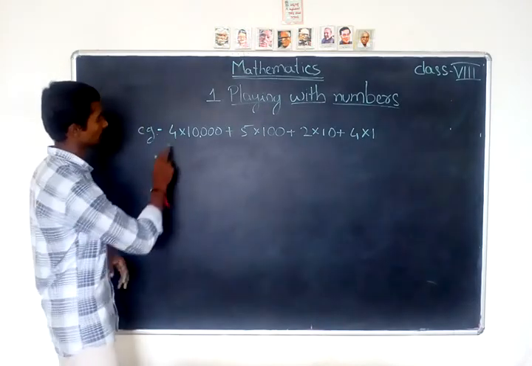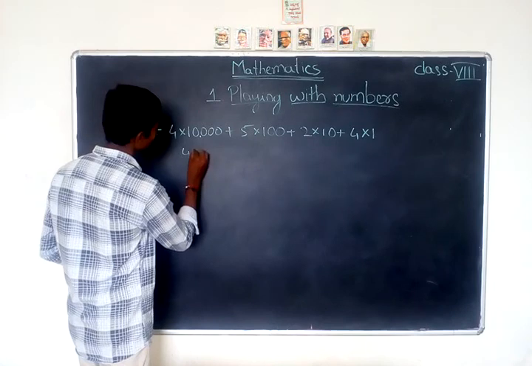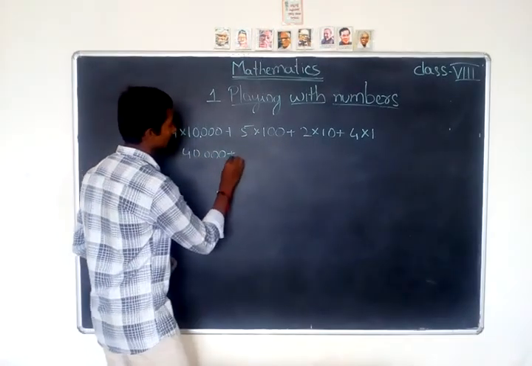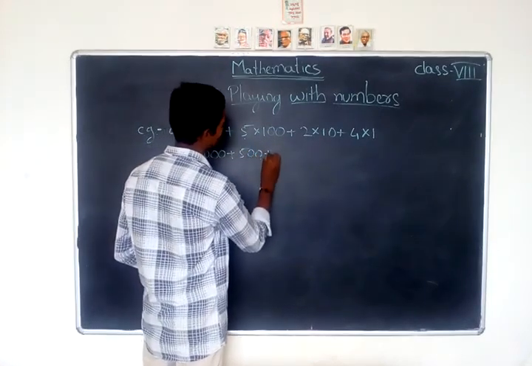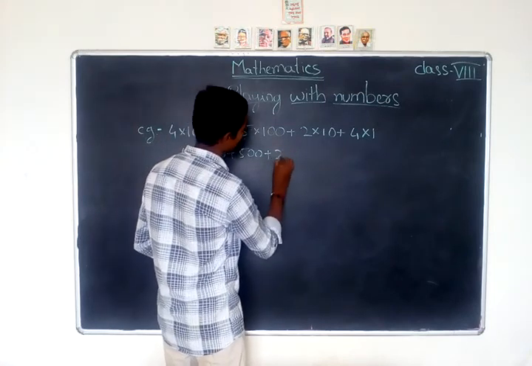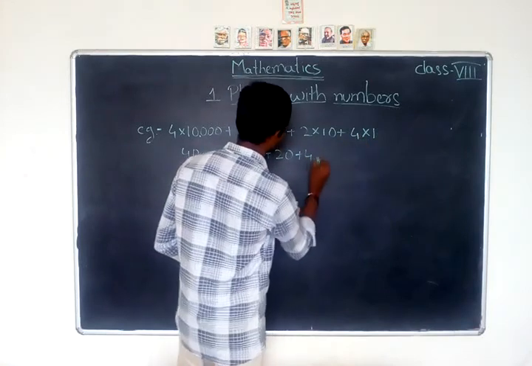How to write it? Now 4 into 10,000 is 40,000, plus 5 into 100 is 500, plus 2 into 10 is 20, plus 4 into 1 is 4.